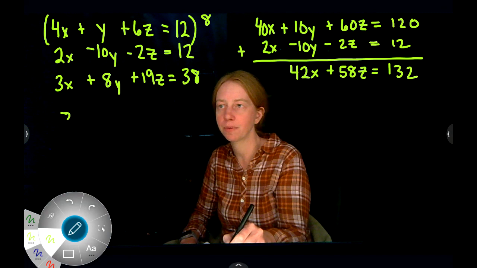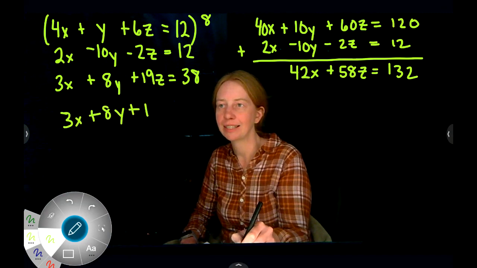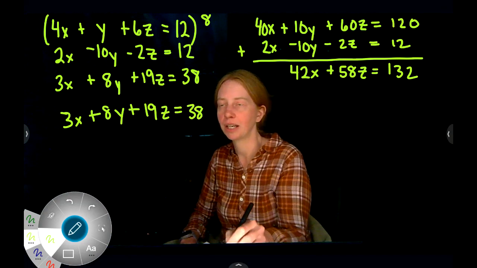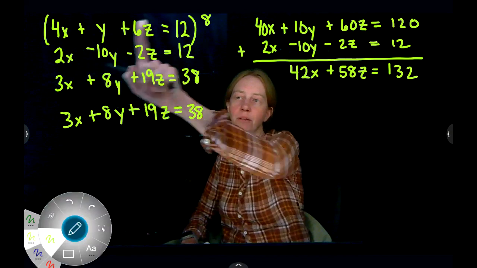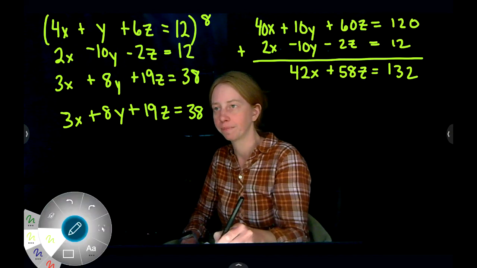Okay, so we have the 3x plus 8y plus 19z equals 38. And then we're going to have our other equation, which is going to be 4x times 8.